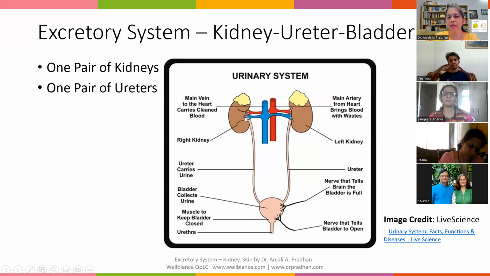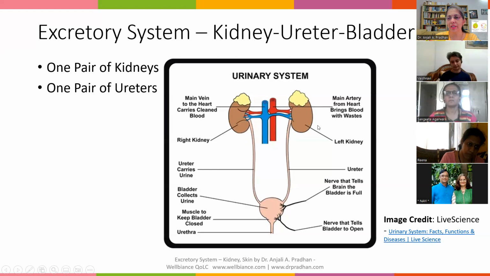Along with that, ureter, this is called as renal pelvis. It is the upper part of the ureter. It leaves the kidney. ठीक? Okay, so दो किडनी है, therefore दो ureter है.